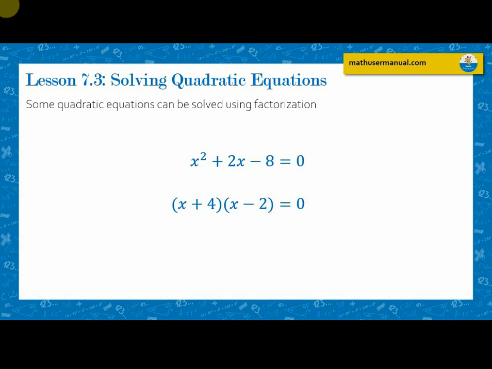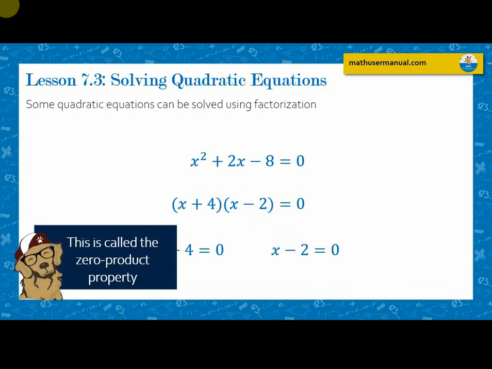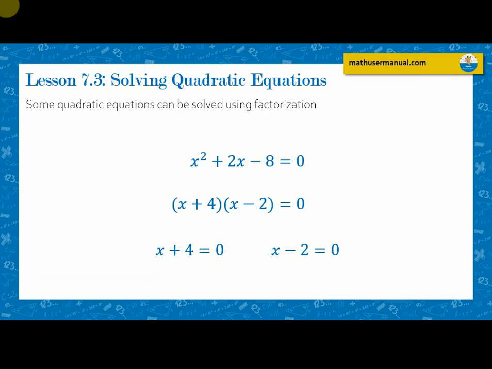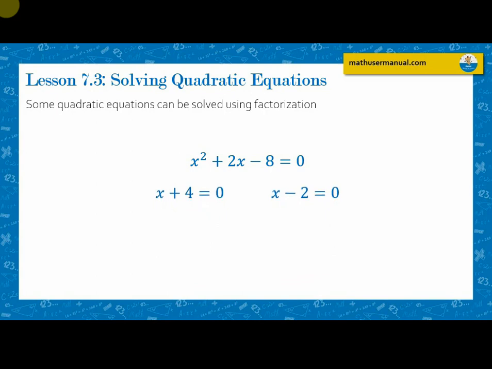We take the first parenthesis, x plus 4, and we set it independently equal to 0. Move on to the other parenthesis, x minus 2, and we set it independently equal to 0 as well. We clean this up, but remember, this is called the zero product property, and we proceed to solving each equation individually.